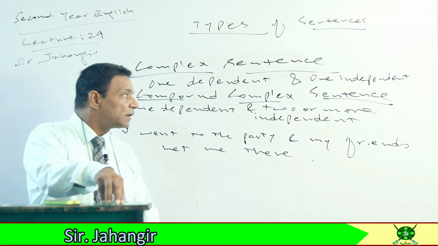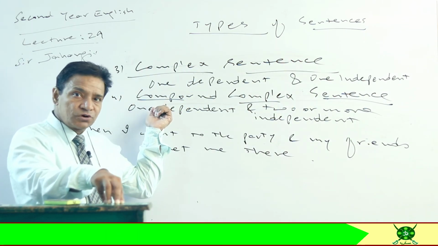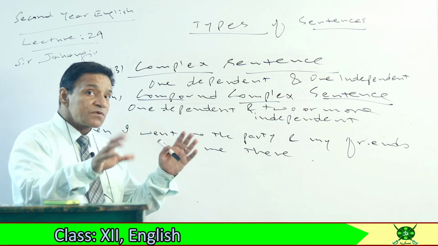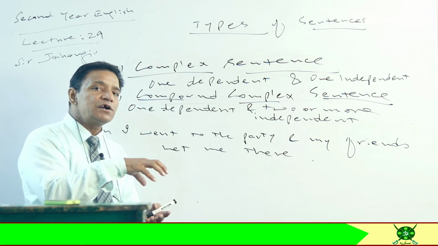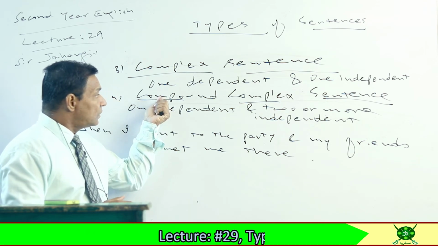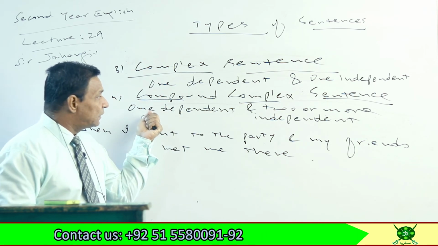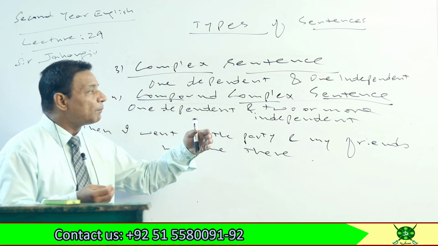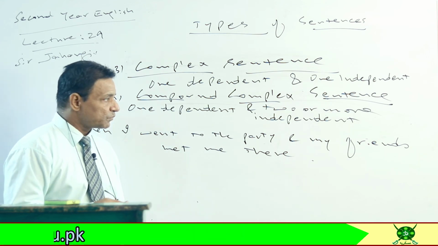This is the main thing to know about your written skill, how much refined, how much command you have of written English. A compound complex sentence has at least one dependent and two or more independent clauses.